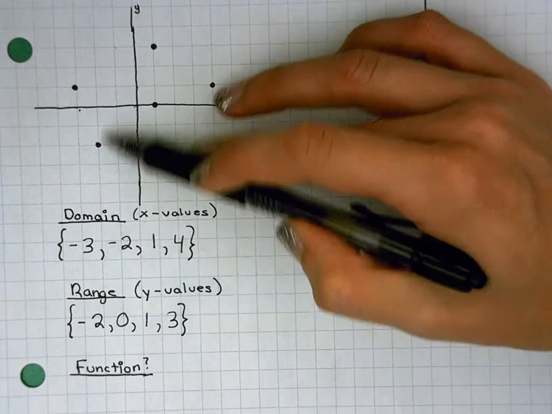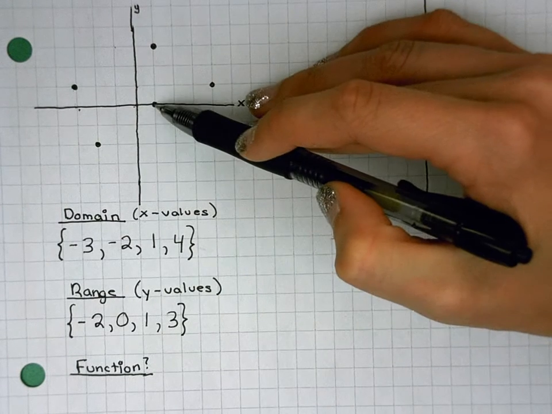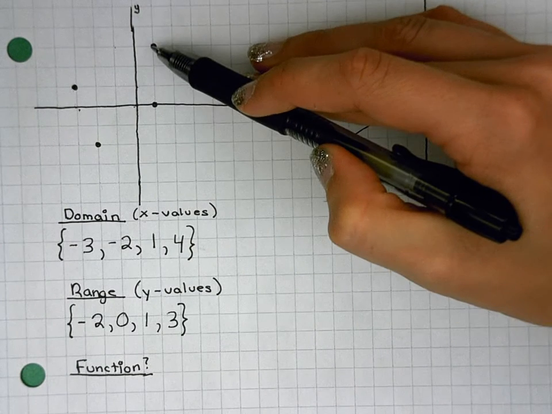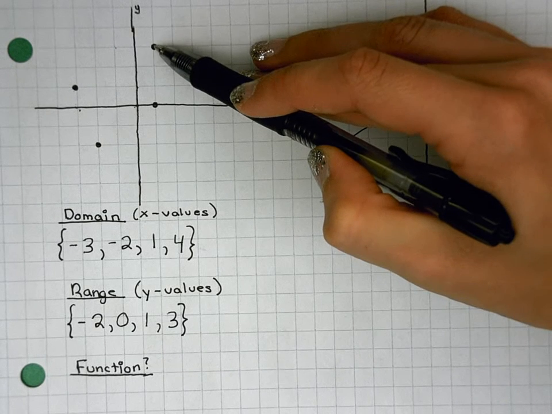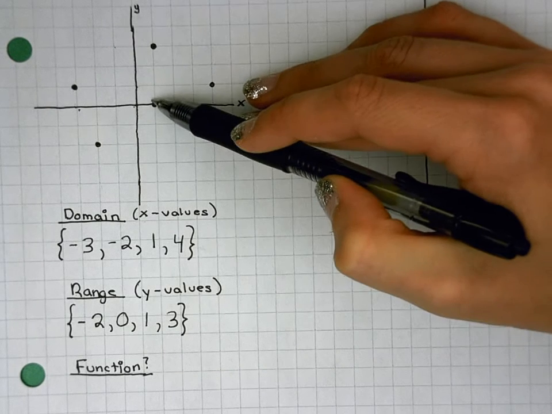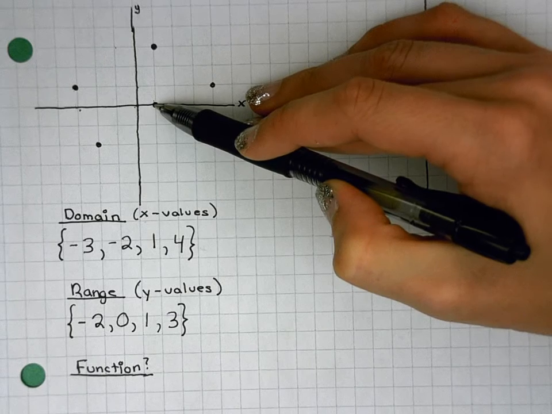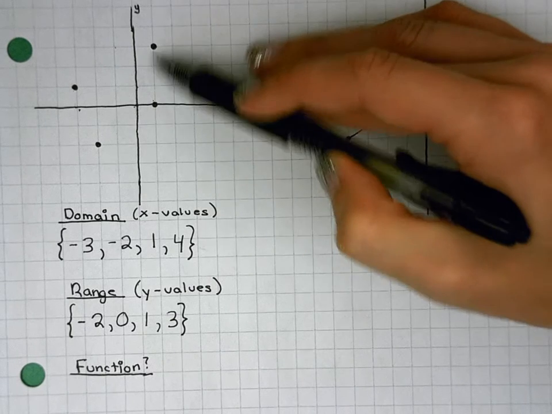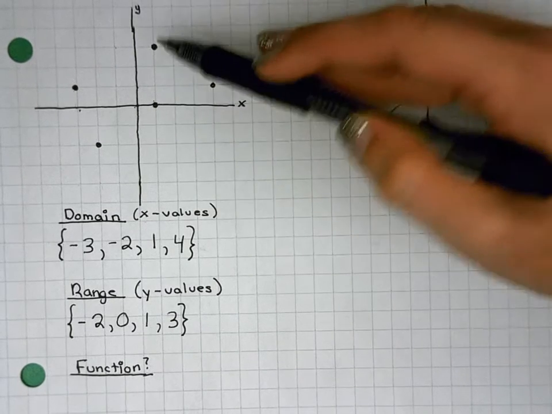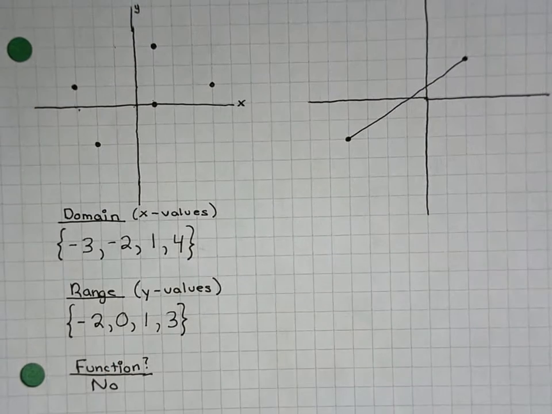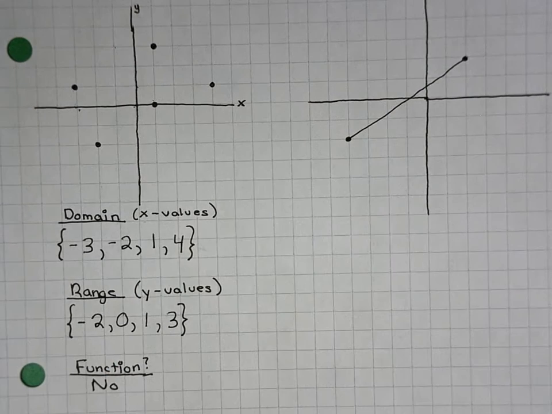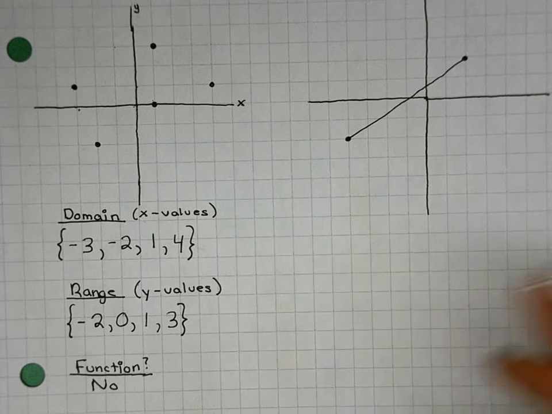How about this point? Up and down, nope, we're good. This point here, when I go up, I hit this point up here. This top point is directly above the point that sits on the x-axis. And so because we have that hovering point, it is not a function. Okay?